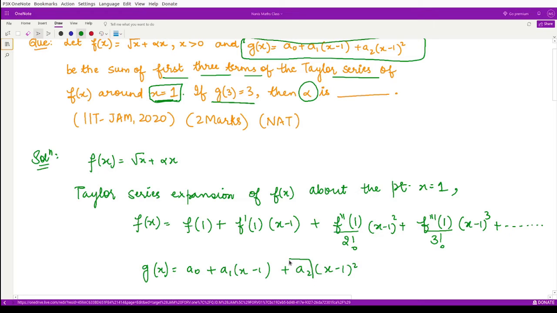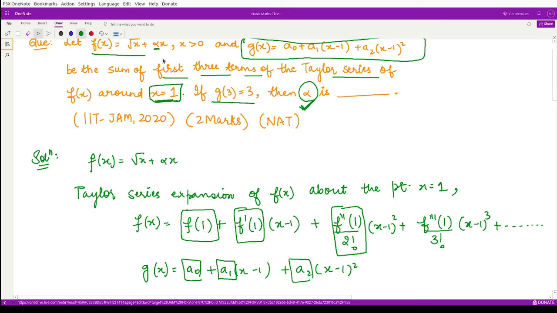So a2 is f double dash of 1 divided by 2 factorial, a1 is the derivative of f calculated at 1, and a0 is the function's value at the point 1. But we are not directly asked the values of a0, a1, a2. Instead we are asked the value of alpha, so in order to determine alpha, we have to determine a0, a1, a2 in between. So let us get started.